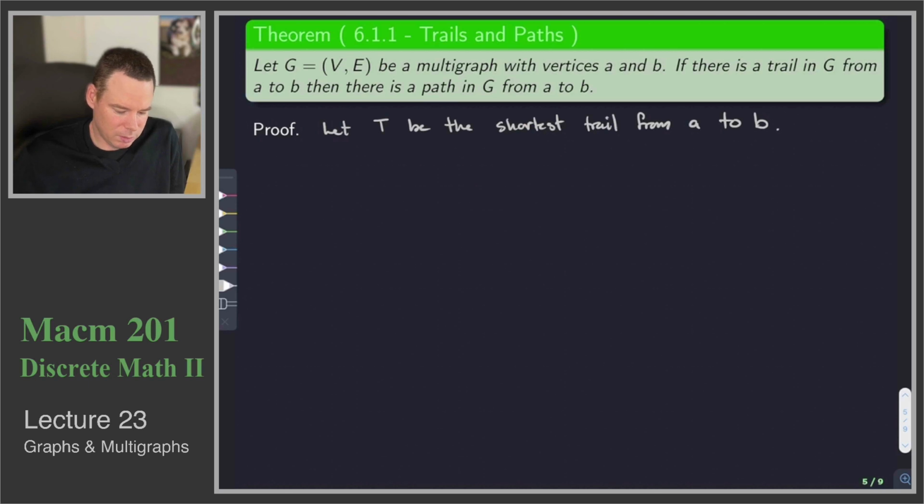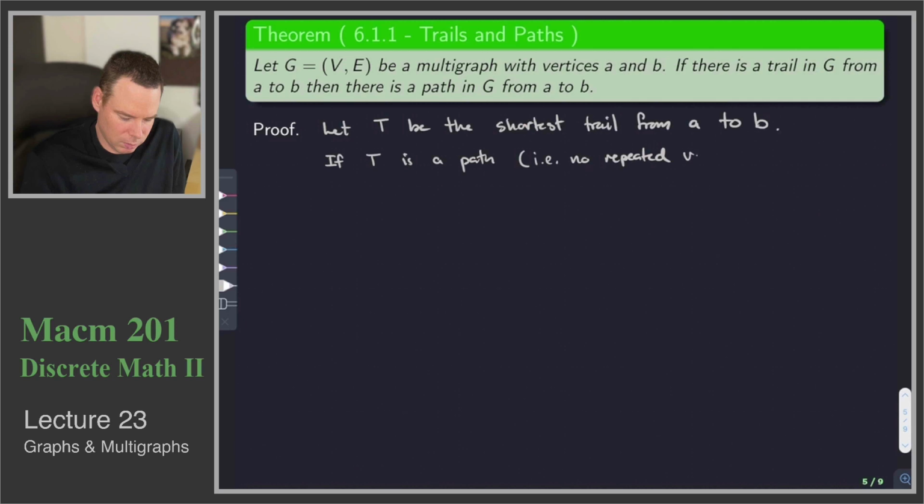Now what do we do with this? Well, we note that if T is a path, what does that mean? I.e., no repeated vertices, so it doesn't have any repeated vertices on it, then we are done.